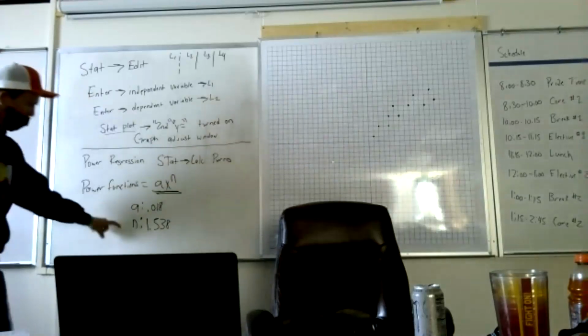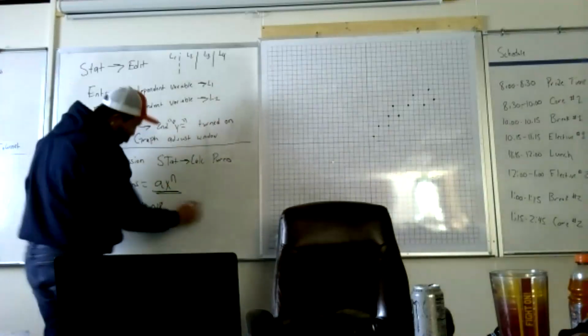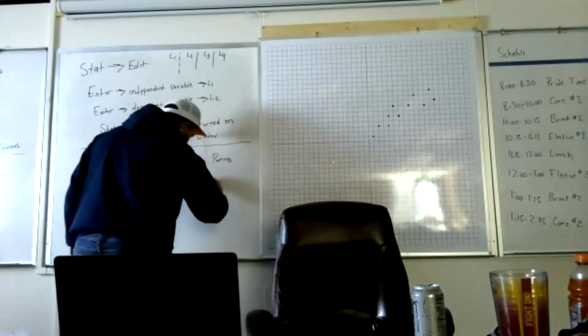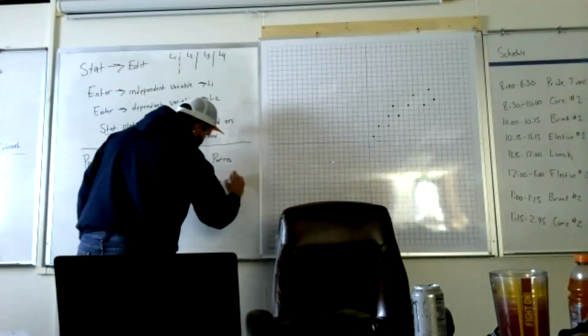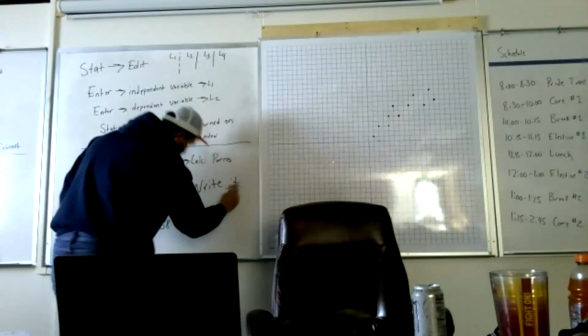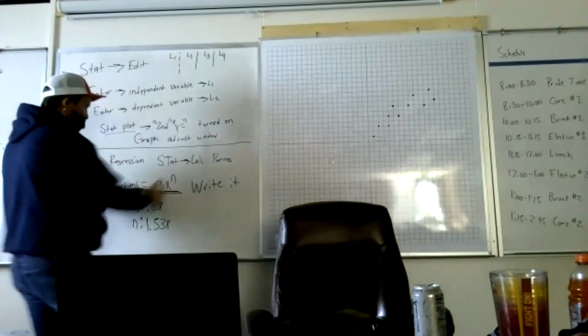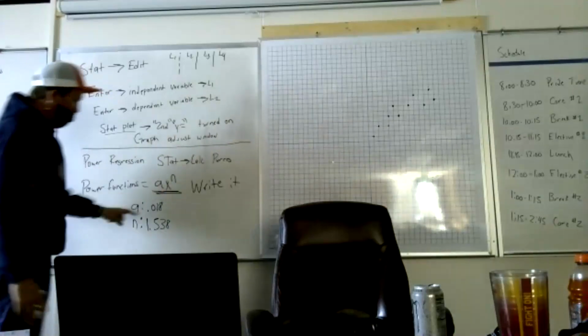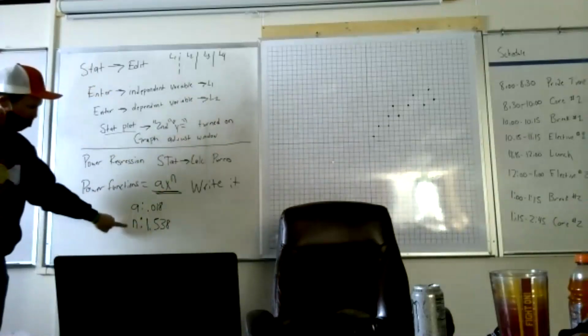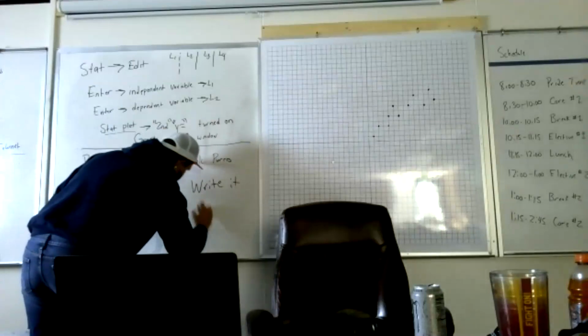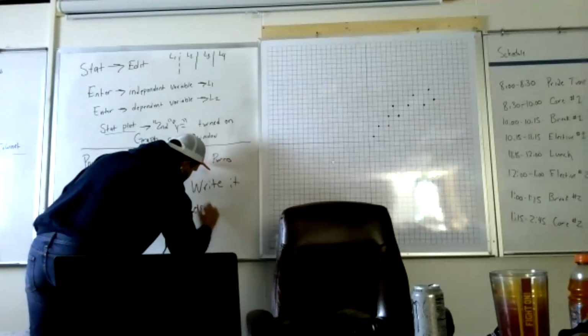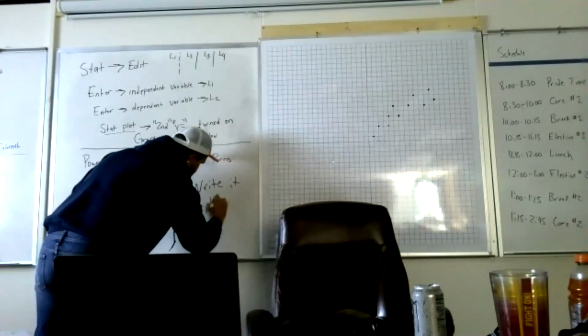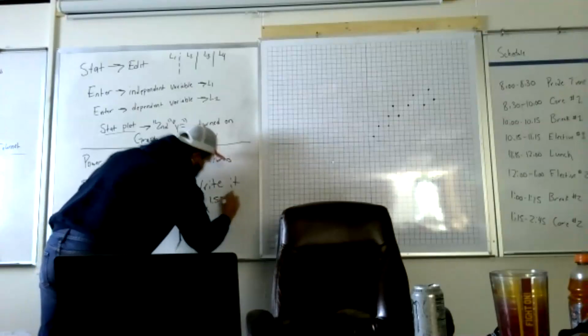Once it gives you this, write it down in this ax to the n format. It gives you the a value. It gives you the n value. You have to rewrite it as 0.018 x to the 1.538.